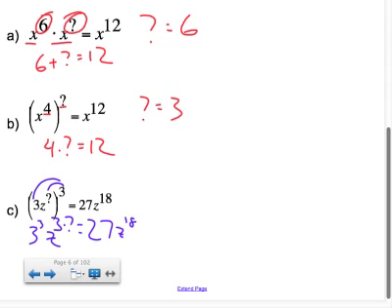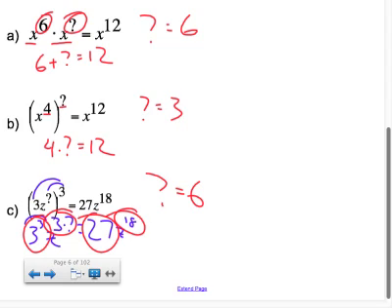Okay, so this is 27, so that takes care of that. So now you have z to the 3 times question mark equals z to the 18th. Well, 3 times what equals 18? 3 times 6.